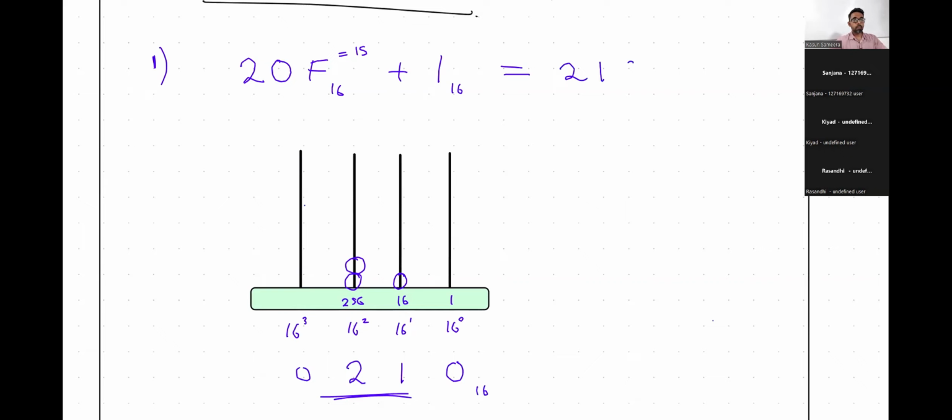By looking at these two values and the answer, maybe you can't get an idea. That is why I drew this counting frame and explained. Then you can get how these number systems are going to act.